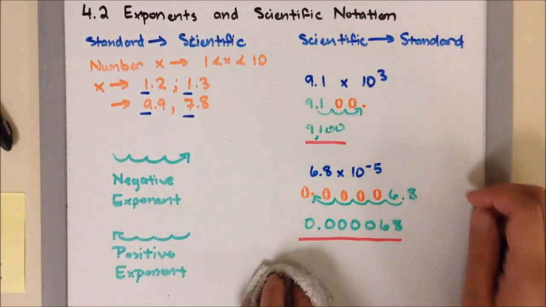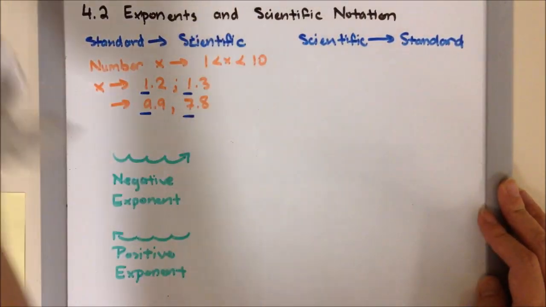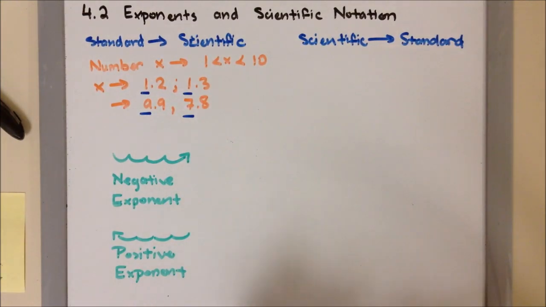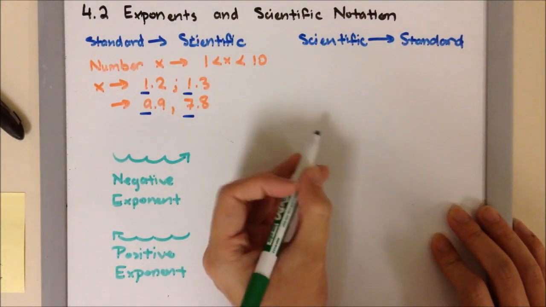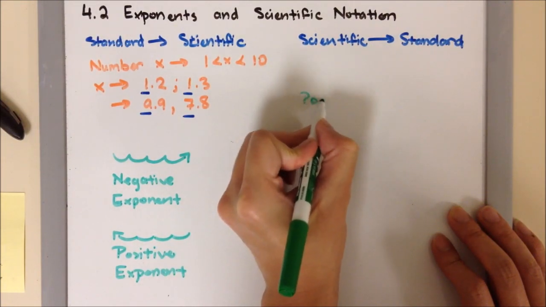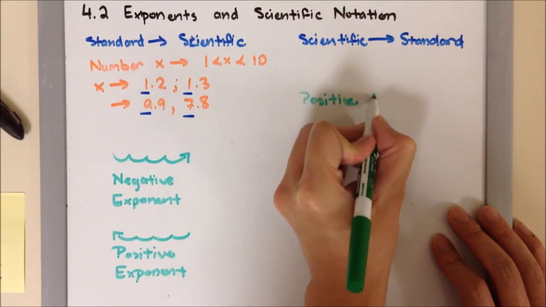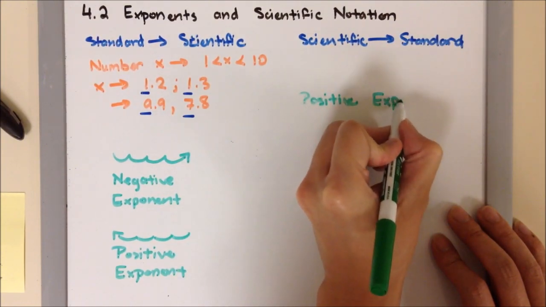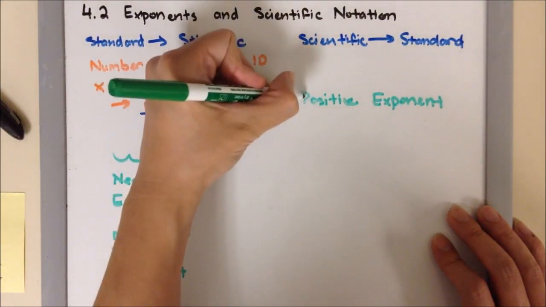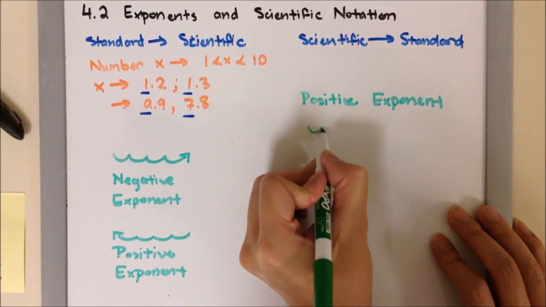So if you were to write a rule to memorize for scientific to standard: if you start off with a positive exponent, you're going to move your decimal to the right.